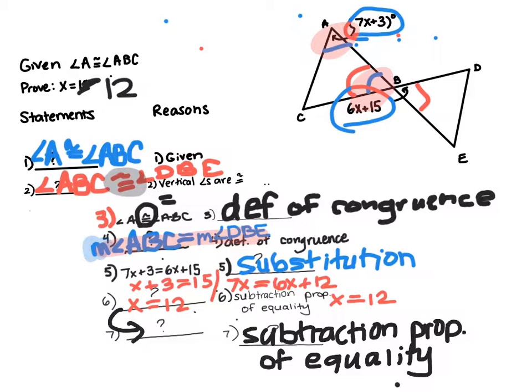But step 6 could have either been this one or this one depending on which order you subtracted. So you could either subtract the 6x first, and then that line would have been x plus 3 equals 15. The next line is still x equals 12. Either one of the ones that are highlighted there could have been 6.